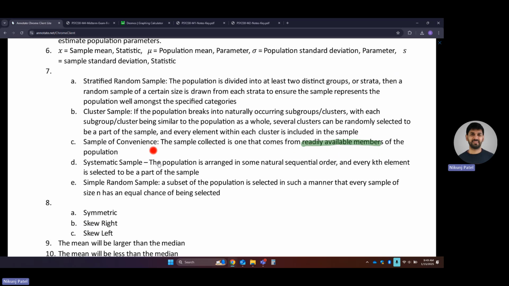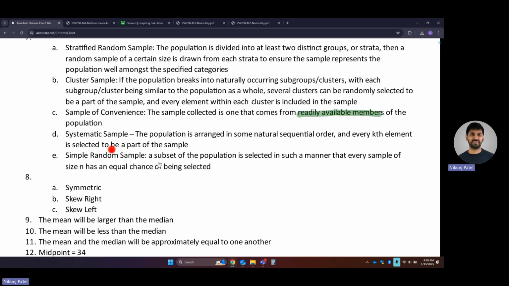They would have to voluntarily choose to be part of that clinical trial. That's a sample of convenience. Whoever is readily available and wants to participate would be part of that. So that's how you collect that sample because it's a smaller group within the bigger group of patients that have that condition. We can't test everybody with that condition, but we can test a sample, which is anybody who's wanting or readily available to participate. So that's a sample of convenience, which is really common.